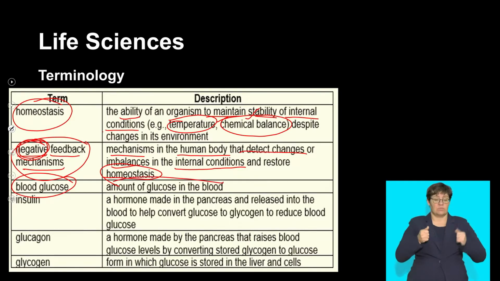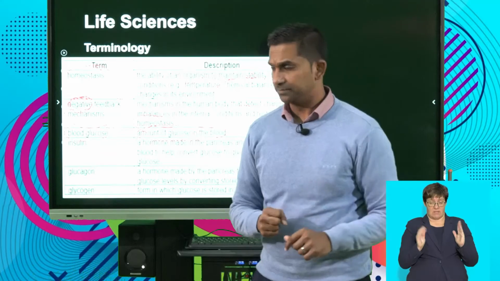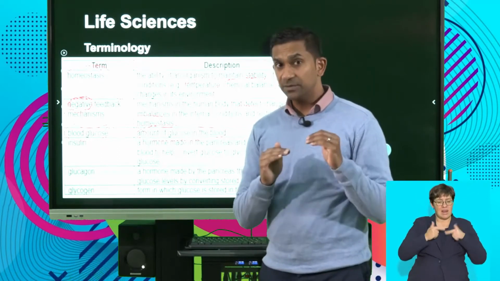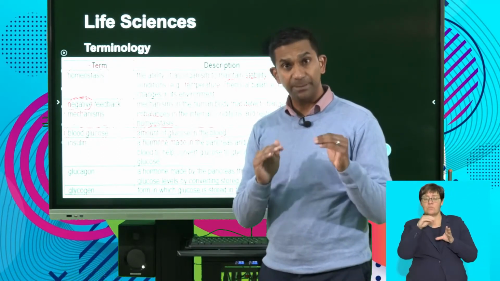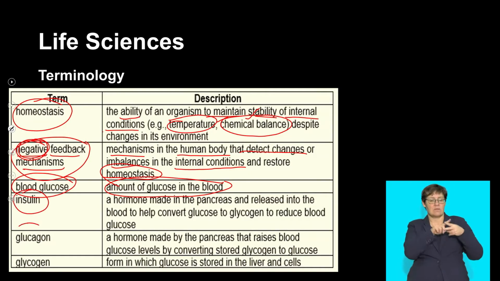Essentially, there is a level of blood glucose that we refer to as being within the norm, or normal. So we will have to look at what normal blood glucose levels are and how the body maintains that within a balance. We're going to spend some time looking at two important hormones, insulin and glucagon.